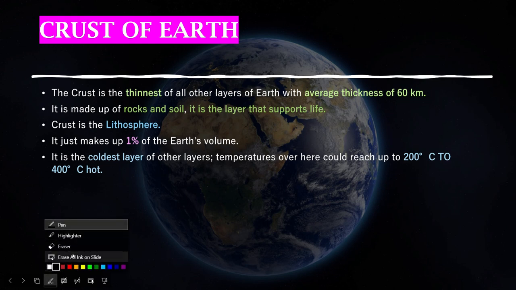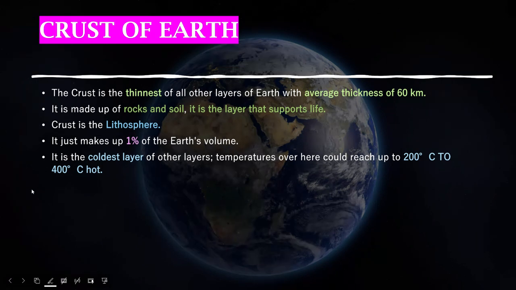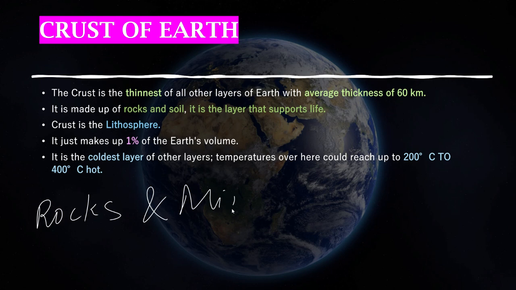Now let's first talk about what the crust is. The crust is 60 kilometers thick and is the thinnest layer of all the layers. It's basically made up of rocks and minerals. It's the only layer which supports life. It makes up just 1% of the whole Earth's volume.